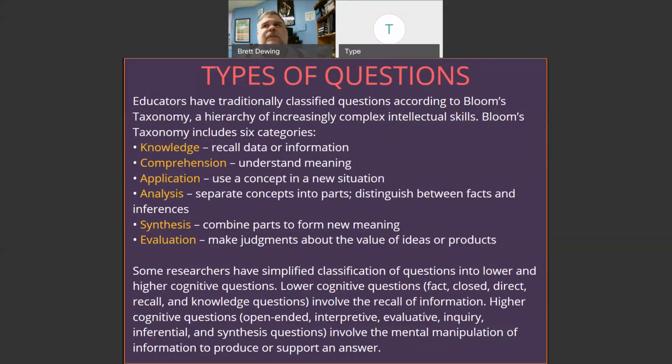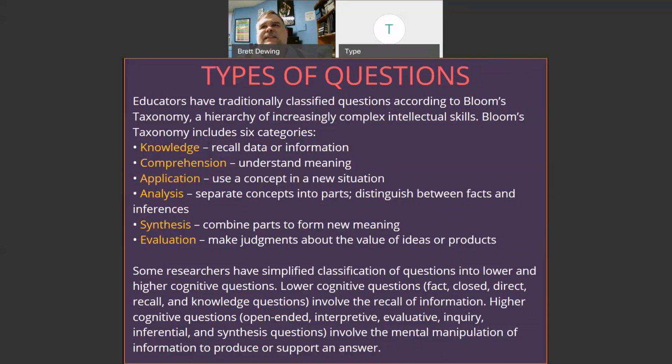Application is using the concepts in new situations. When you apply something, you apply it to normal life, usually. So something that you've learned in class, then you come across a situation in life where you can actually apply that knowledge. That's a little more complicated than just understanding it, being able to apply it.